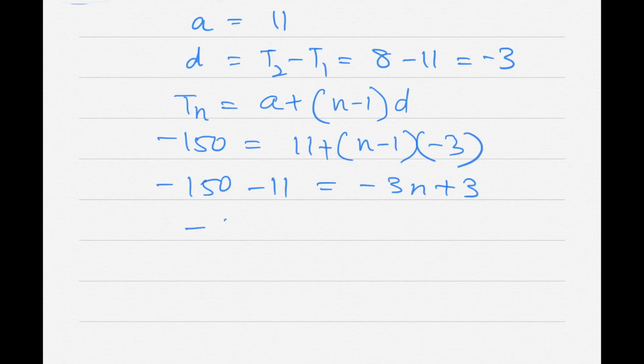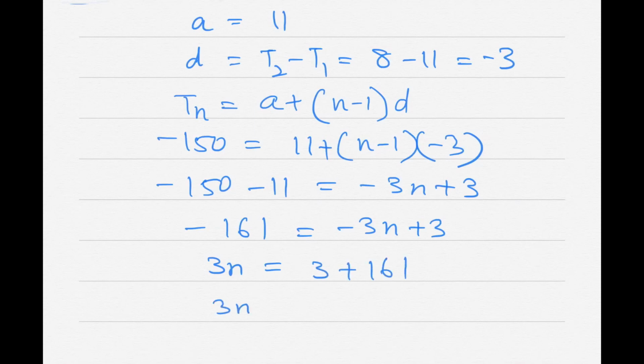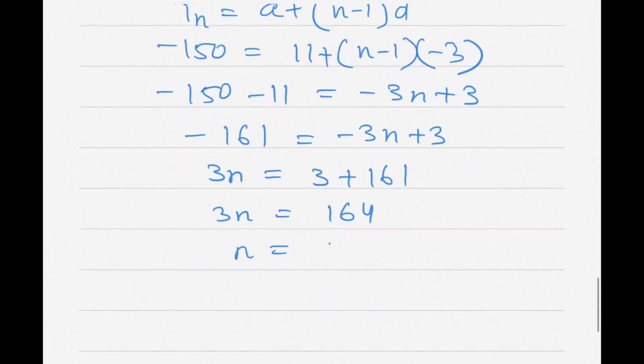Now this becomes minus 161 is equal to minus 3n plus 3. So now let's bring 3n this side, so this becomes positive, and 3 plus 161. So 3n is equal to 164 and n will be equal to 164 by 3. So 3 times 54 is 162, leaving 2 by 3.